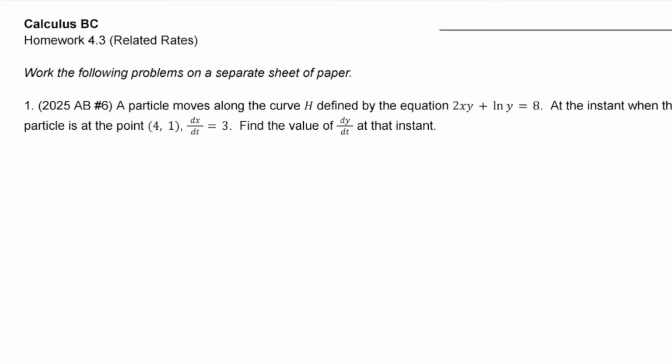Okay, so we're going to start by taking the original relationship between x and y that they gave us and taking the derivative with respect to time. So if I've got 2xy plus the log of y equaling 8, then the derivatives of those things with respect to time would be equal.